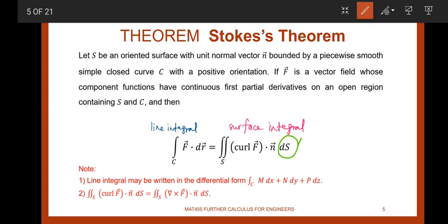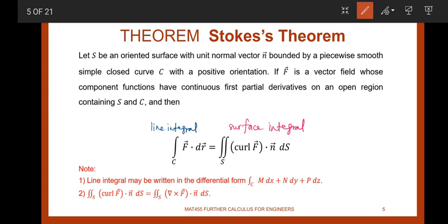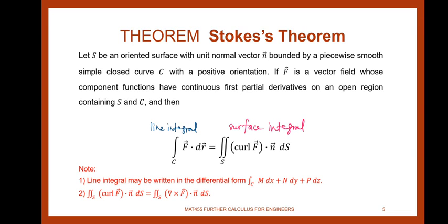And dS depends; we have learned this before, it is dA over the absolute value of n dot k, when we have your projection on the xy plane. So it depends on where your projection is, whether on the xy plane, the yz plane, or the xz plane. So this is the relationship according to Stokes theorem.